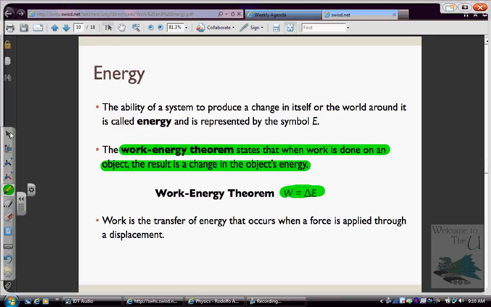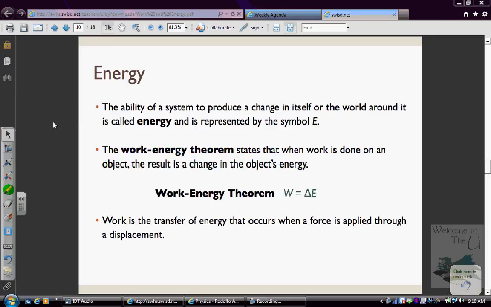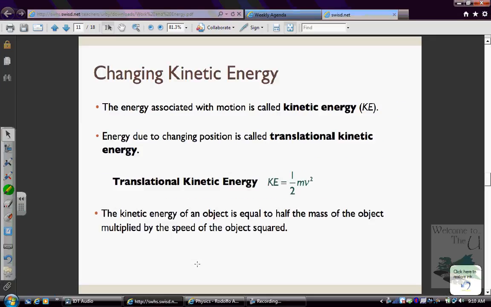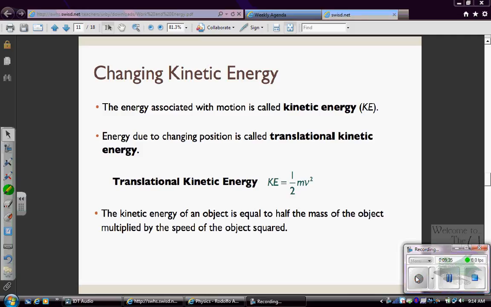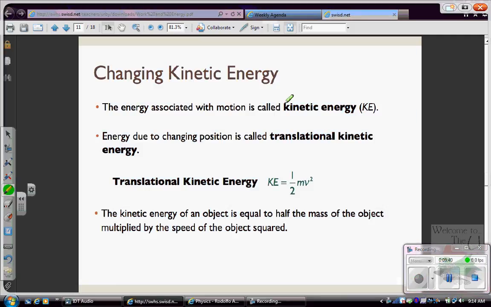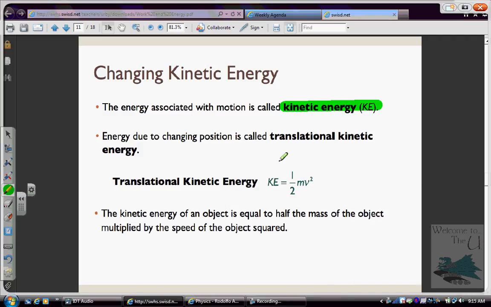So let's go ahead and take a look at how this can be applied to the energy of motion, because we have a specific name for the energy of motion. Okay, so this energy associated with motion is called kinetic energy. It's represented with the equation that's located right over here, the translational kinetic energy.